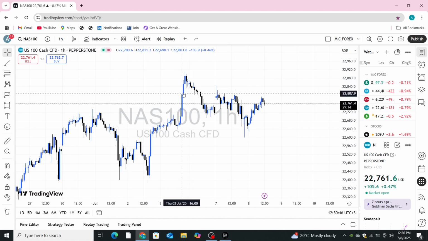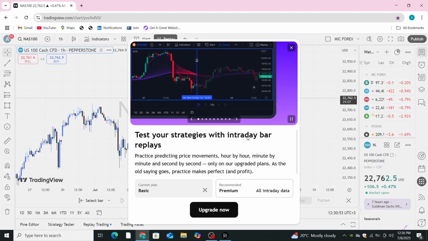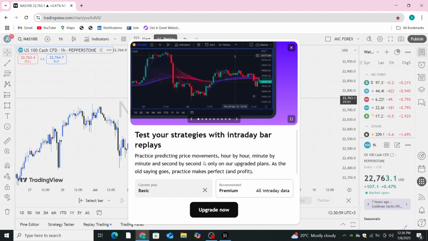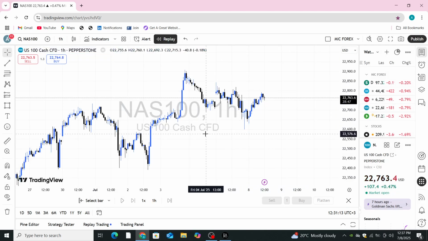If it was paid, then I'll just cut somewhere like that, and then it will replay. But I've never seen any need for me to pay for this, because usually it's for back testing, and I have a way I use TradingView for my back testing. If you want to pay for yours, you can just go ahead and pay. It will make your back testing so easy.